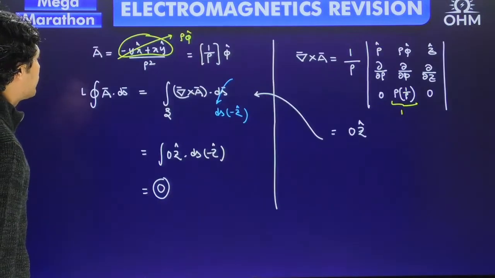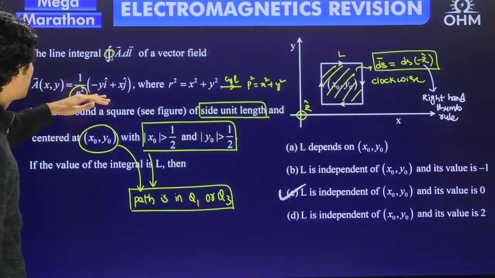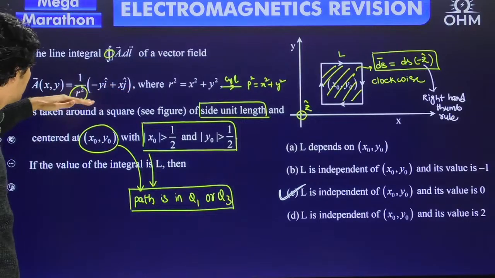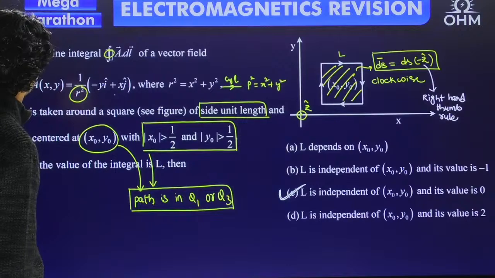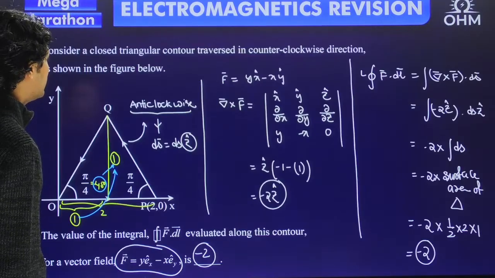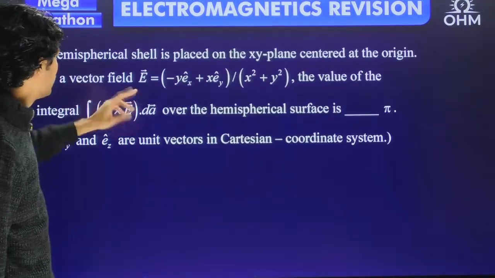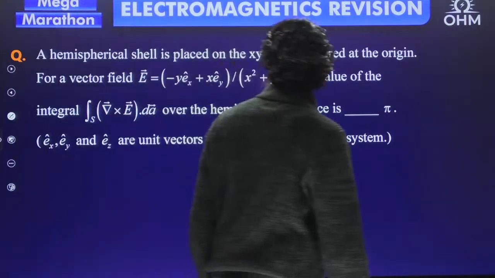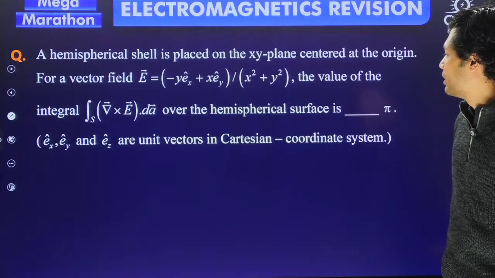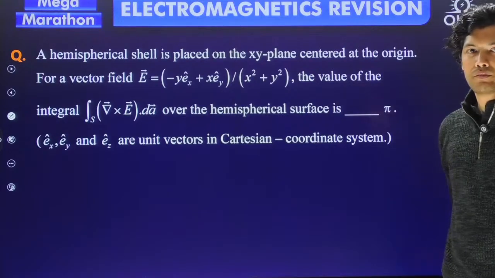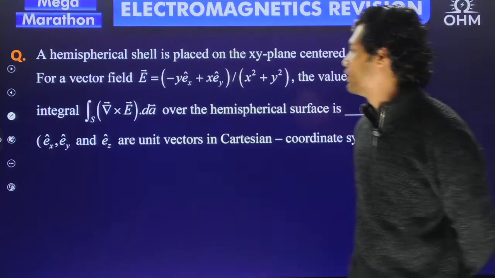Same kind of problem. Here, whatever you are supposed to calculate is the reverse of the curl. You are supposed to calculate del cross E dot dA bar over the hemispherical surface. So this is the question given to you.